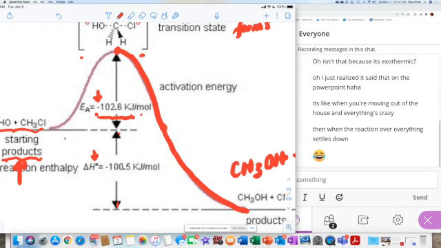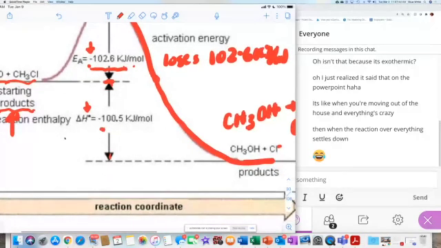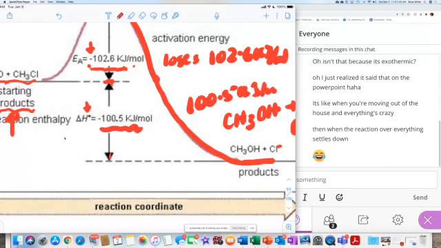It has to lose all the energy it has to be at this new position. So it loses the energy that is due to this gap right here. So it loses 102.6 kilojoules per mole, right? Then it has to lose this amount again, 100.5 kilojoules per mole to be at the level that the products are in, okay?